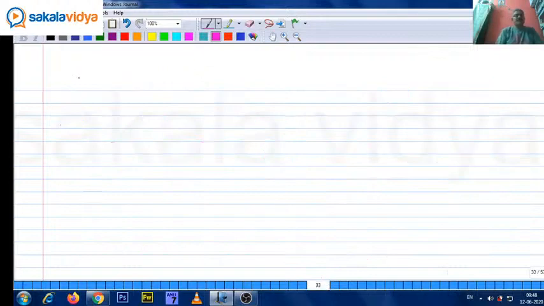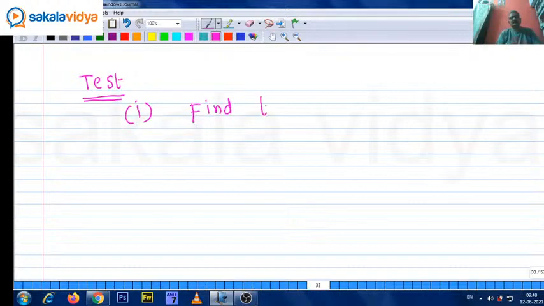Next, test: how to find whether the given function is onto or not. First point, find the range of the function f.